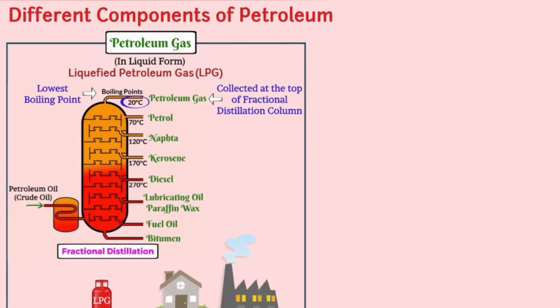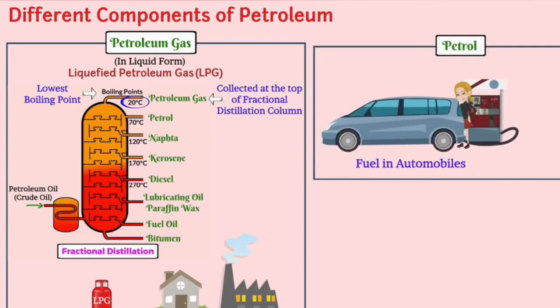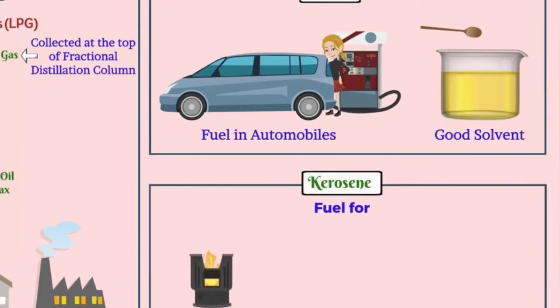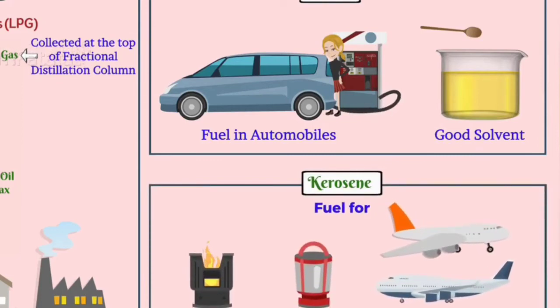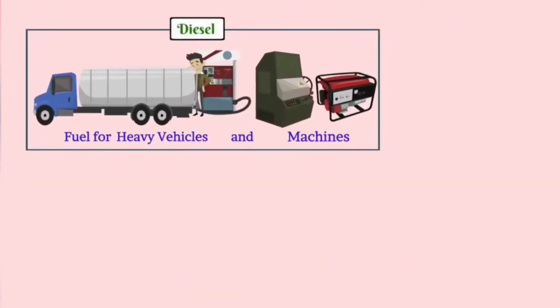Subsequently, we obtain petrol, which is fuel in automobiles. It is also a good solvent. Kerosene is fuel for stoves, lamps, and jet craft. Diesel is fuel for heavy vehicles and machines.